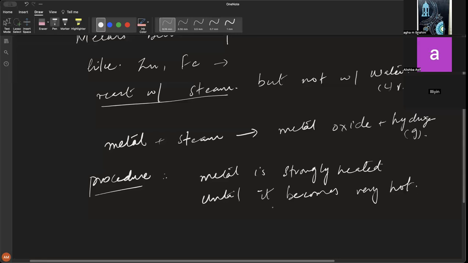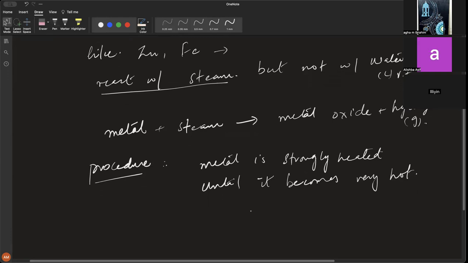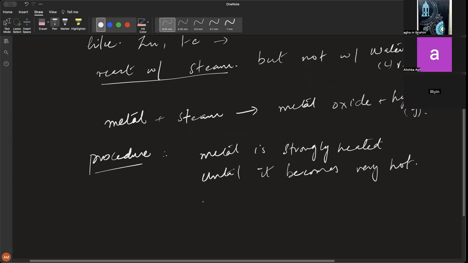All right. And then, until it becomes very hot, it is placed over steam.